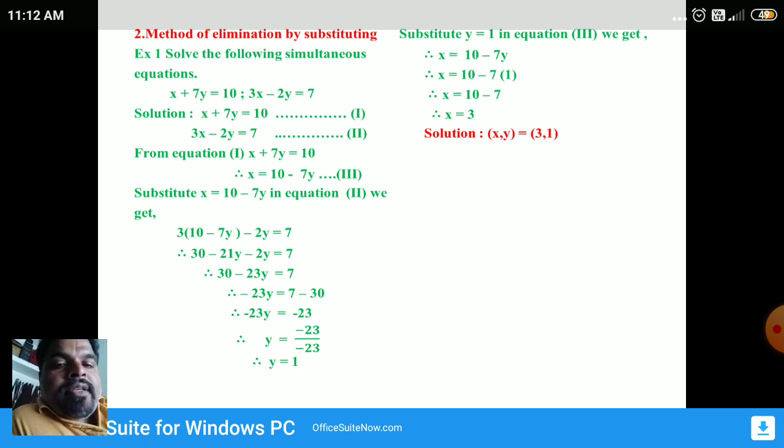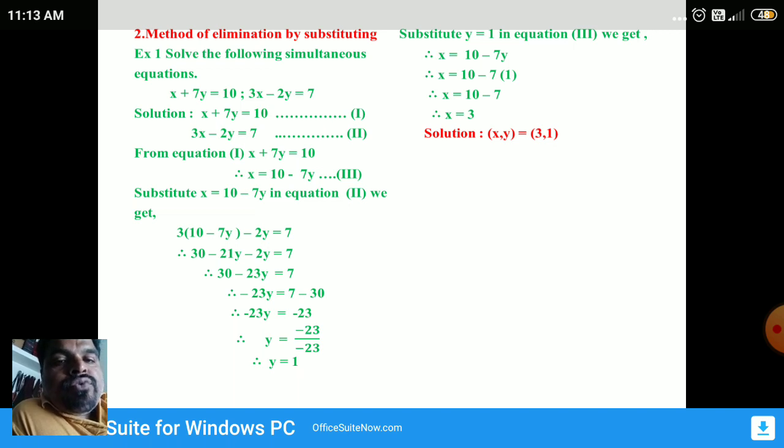Therefore, x is equal to 10 minus 7. Therefore, x is equal to 3. Now the solution of this equation is (x, y) is equal to (3, 1). Therefore, the value of x is equal to 3 and the value of y is equal to 1.